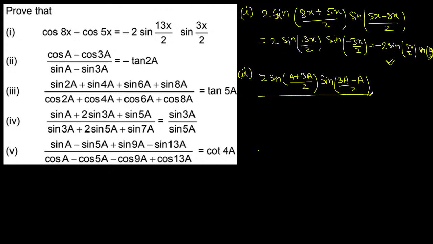In the bottom we have sin C minus sin D, which is 2 cos (C plus D) by 2 sin (C minus D) by 2.